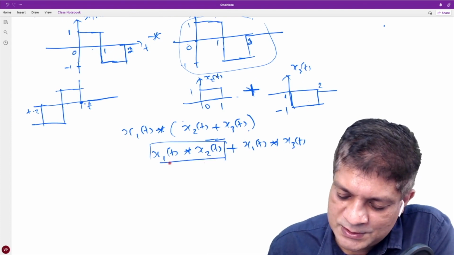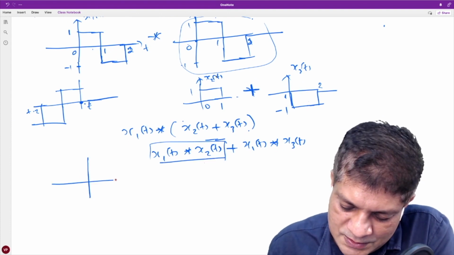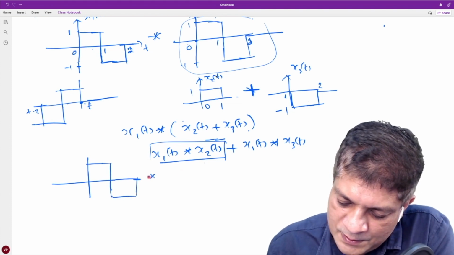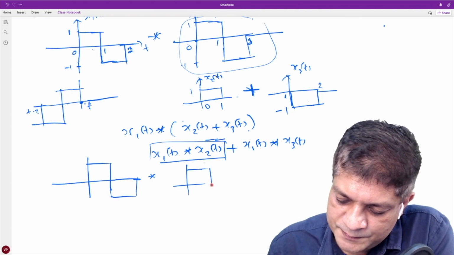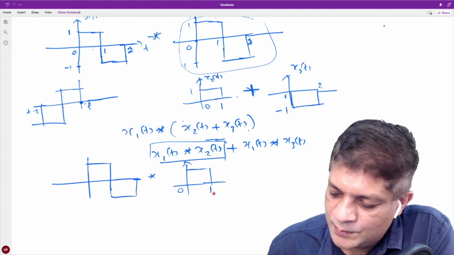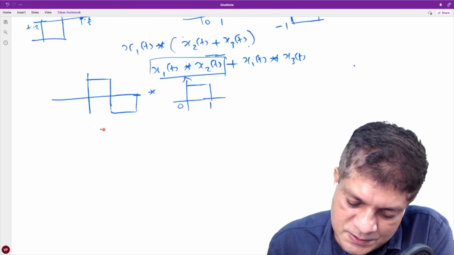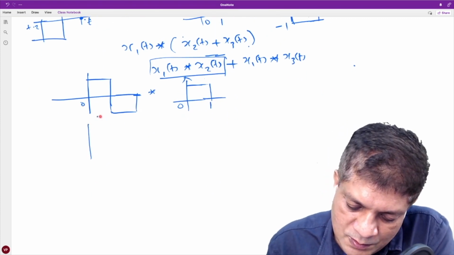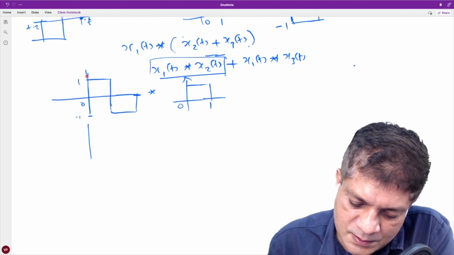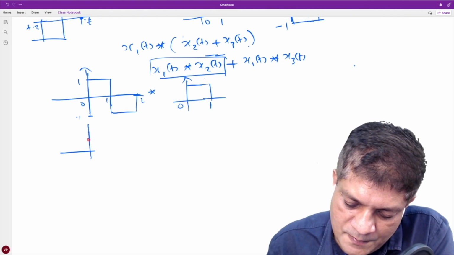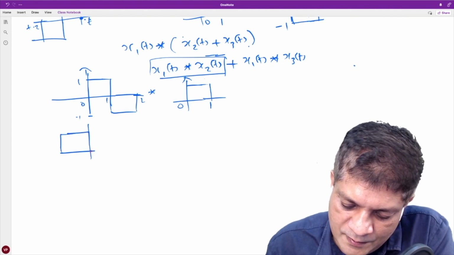Now tell me what is this convolution? x1(t) convolution x2(t). This is the signal x1(t) and you have to convolve with this one. Okay, 0, 1. Tell me the convolution. You have to flip the second signal.